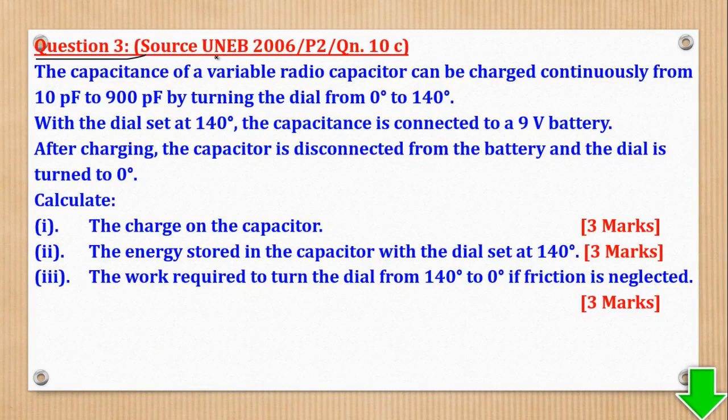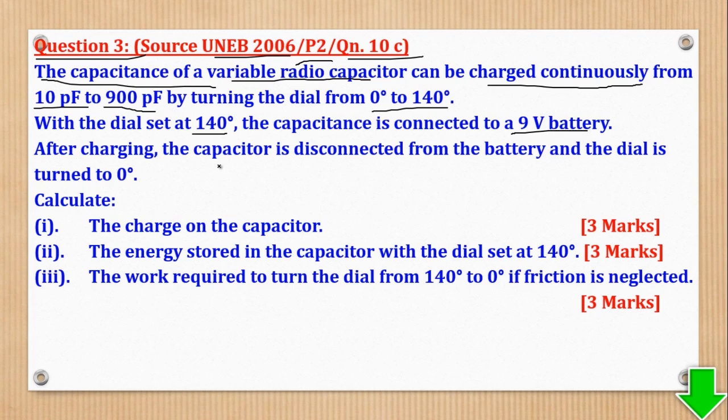Then question 3 came from UNEB 2006, paper 2, question 10C, and says the capacitance of a variable radio capacitor can be changed continuously from 10 picofarad up to 900 picofarad by turning the dial from 0 degrees to 140 degrees. With the dial set at 140 degrees, the capacitor is connected to a 9-volt battery.